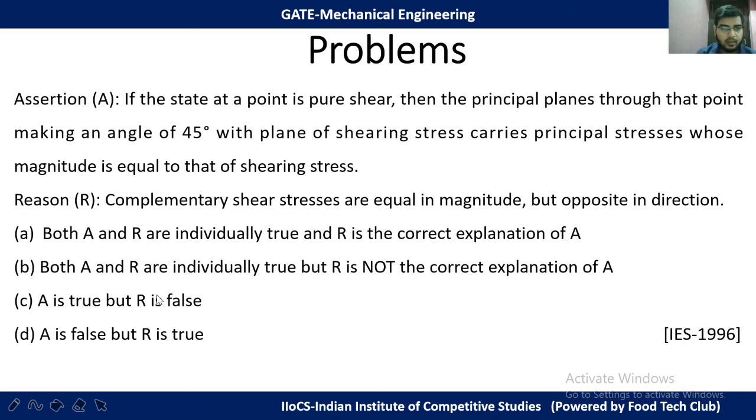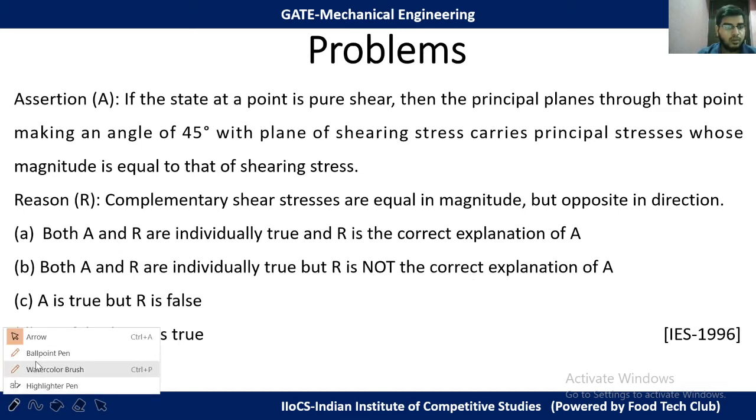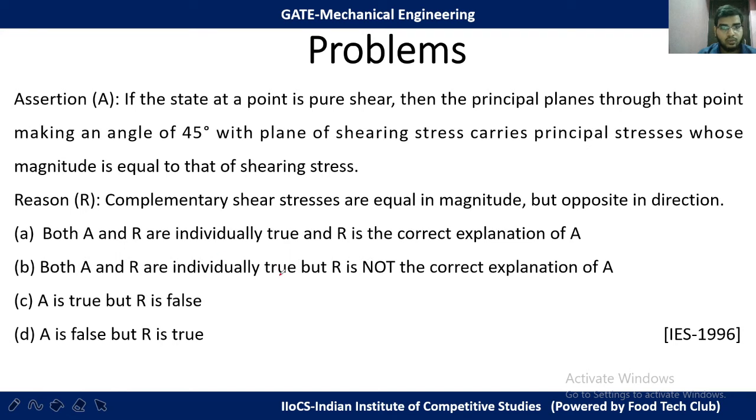R is not the correct explanation of it. In B, both A and R are individually true, but R is not the correct explanation of A. And the other two cannot be applied because R is not false and A is also not false. So only option B is correct.